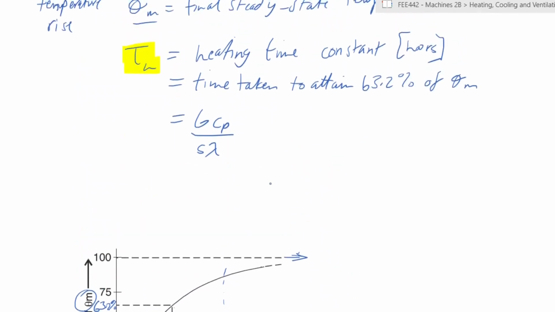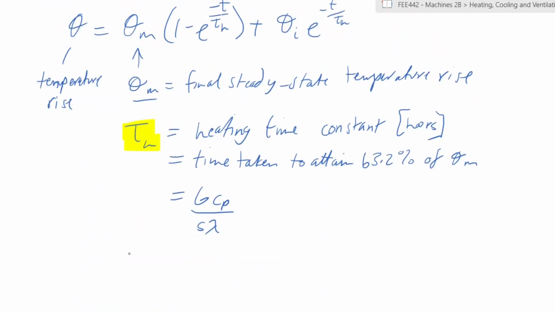So you will see that this theta m increases directly proportionally to the amount of heat, but inversely proportionally to the amount of surface area.